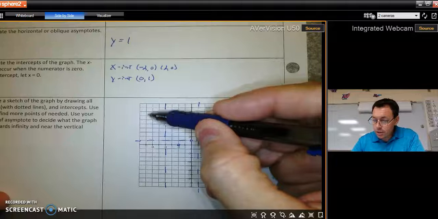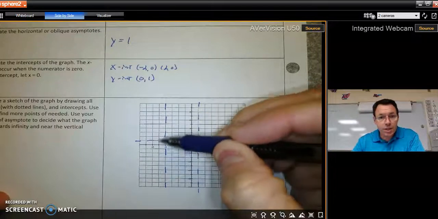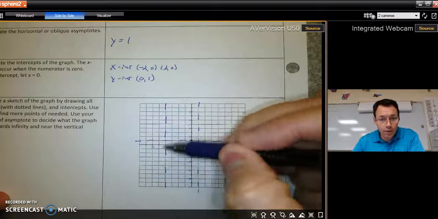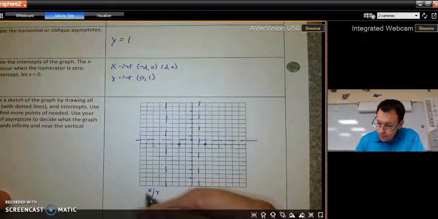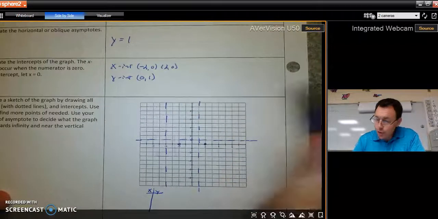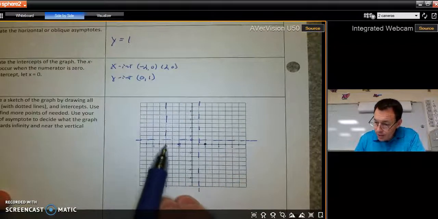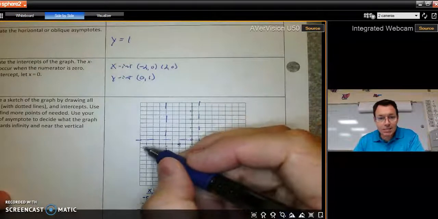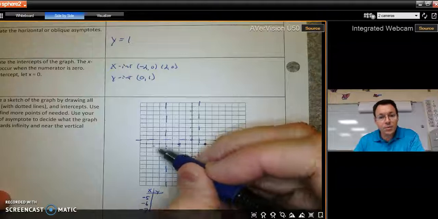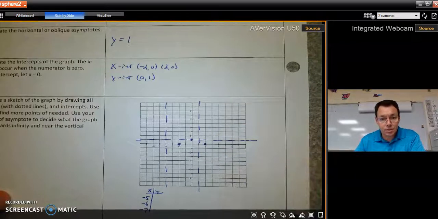Just like when we did piecewise graphs, if you want to know what is going on over here, then just do a t-chart for our original function using these x values right here. So I could plug in a -5, a -6, a -7, and I could get some points that would give me an idea of what this graph's going to do.